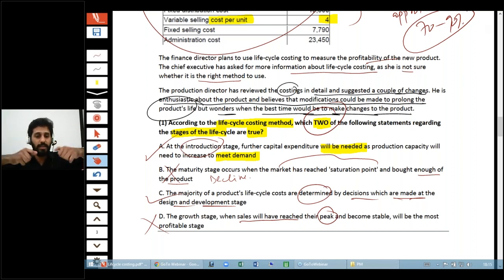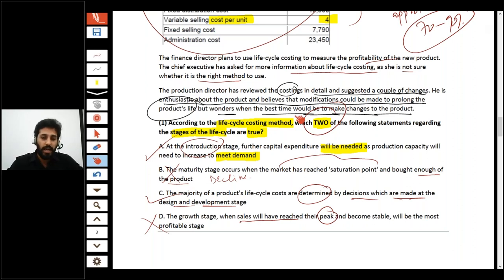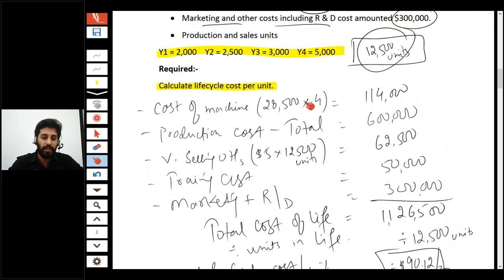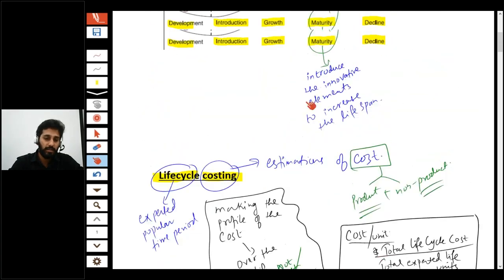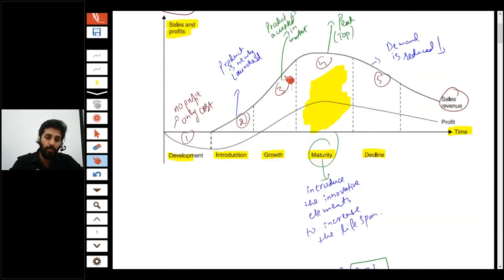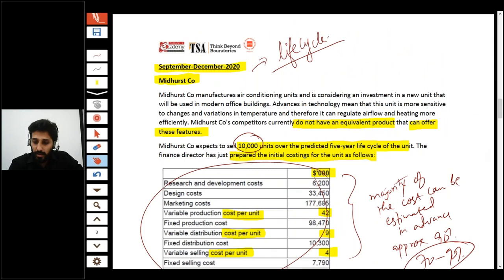I need more capacity to increase my production capacity and to meet the demand. And for that, I need to spend a large capital amount, right? So that's a very simple thing at the introduction phase. If you are in the introduction phase and you have to move forward, obviously you need to produce more and more units, so you need the capital investment. Is it now clear, Aurangzeb?